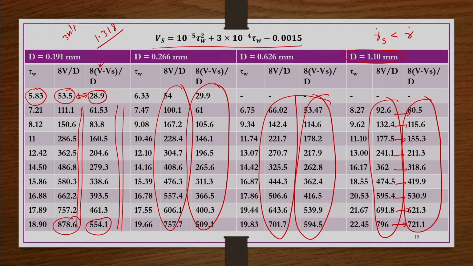So (3n prime plus 1) by 4n prime is nothing but 1.318. Then all these values, the 3rd, 6th, 9th and 12th columns, wherever the 8(V minus Vs) by D values are there, you have to multiply by 1.318 to get the true shear rate information.